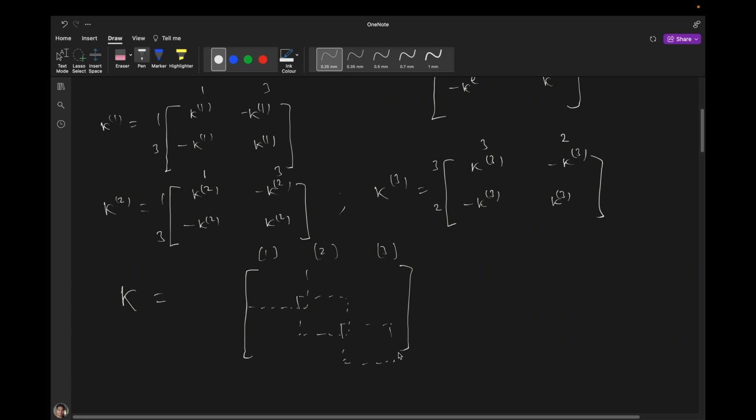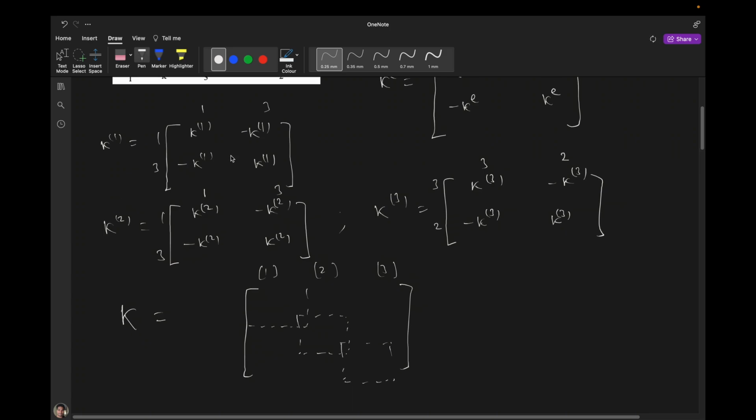If I want to create a matrix for k1, I am free to extend this matrix by adding one more row and one more column, so that I can merge all these matrices.